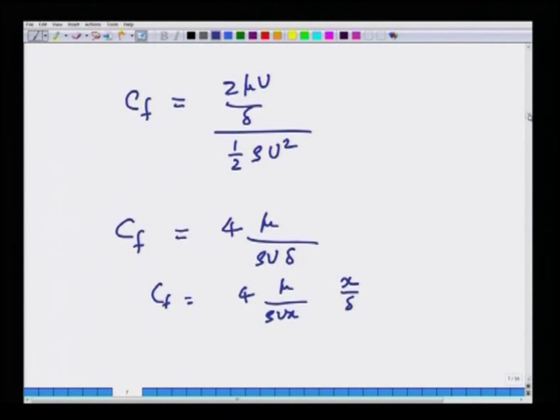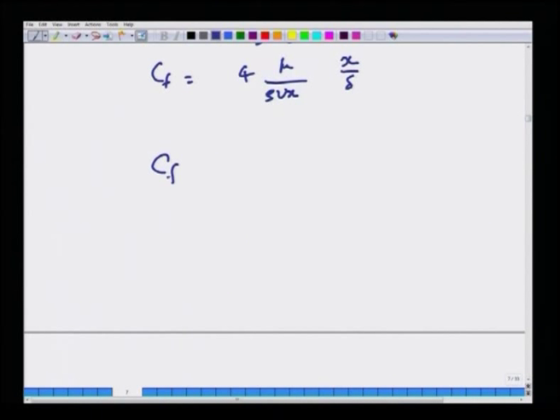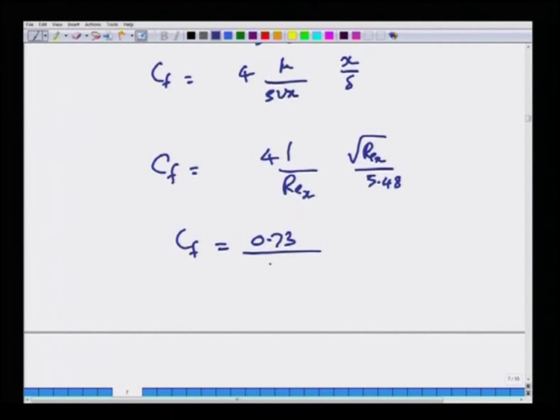So Cf is nothing but 4 times 1 over Re x, the local Reynolds number, times x by delta, which is square root of Re x by 5.48. So Cf is nothing but 0.73 divided by square root of Re x.